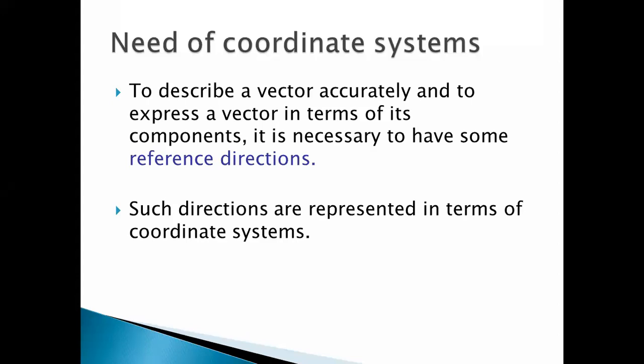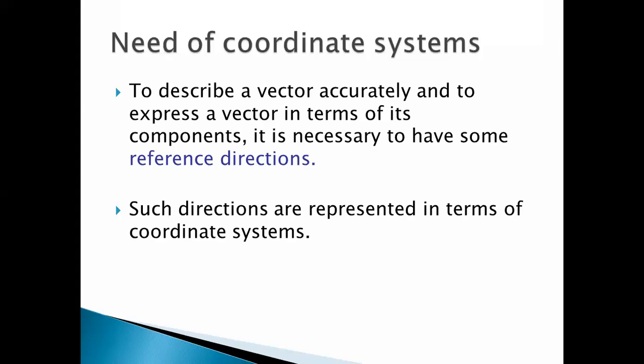So it is necessary to have reference directions. To represent or describe that vector, particular directions are necessary. We are using the x, y, and z axes, and for that there is a particular direction. We are not representing vectors in just any direction.